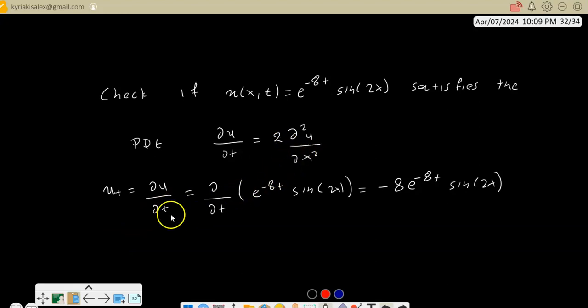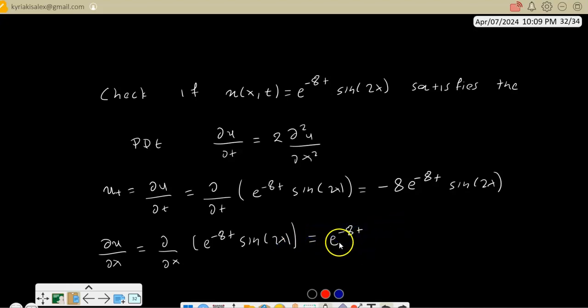Now I go to the right hand side and I have to calculate. First I calculate the first derivative with respect to x of the function u. So this is 2 times cos 2x.